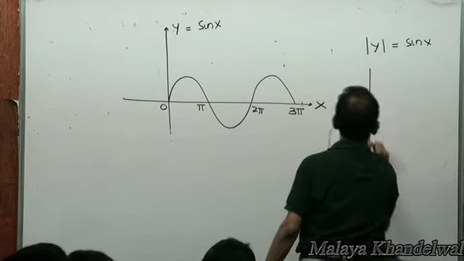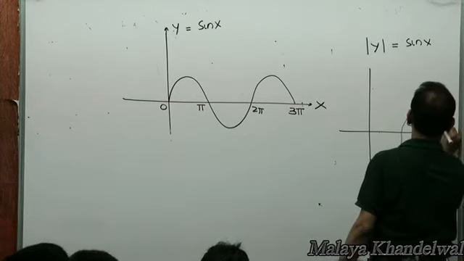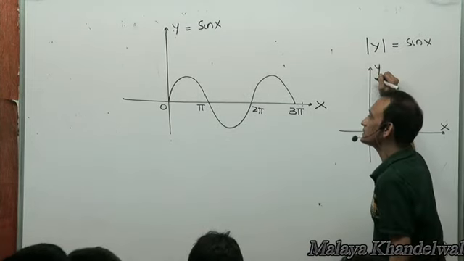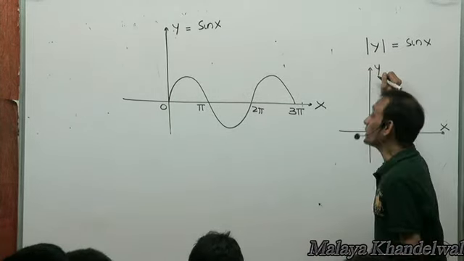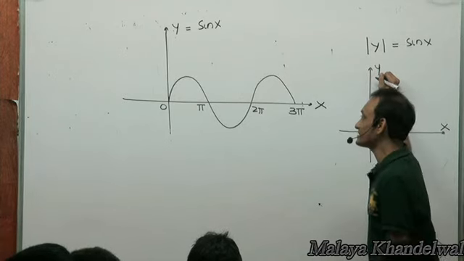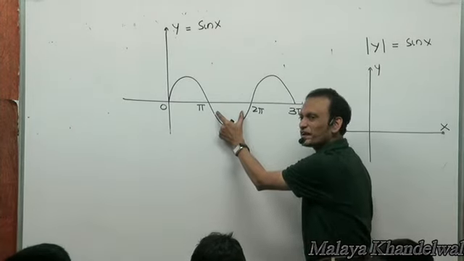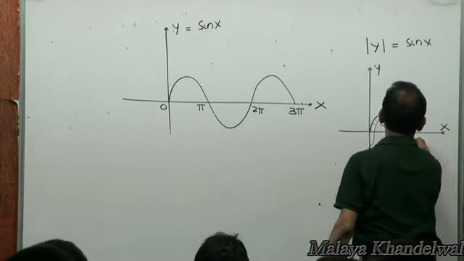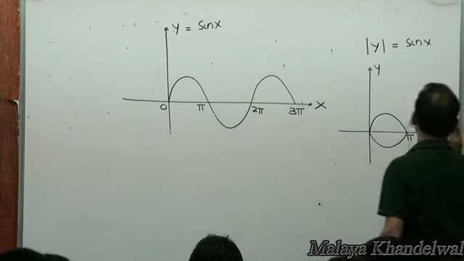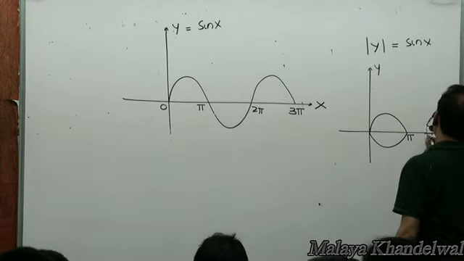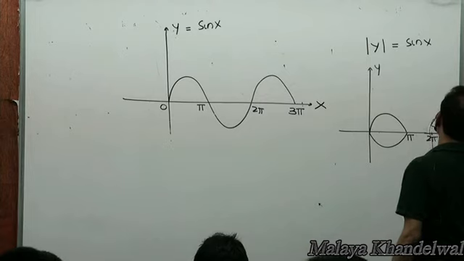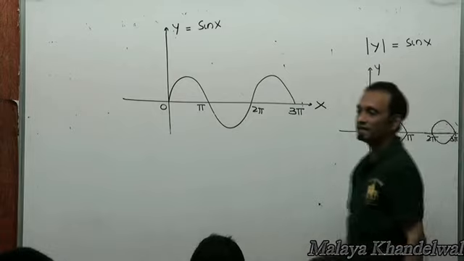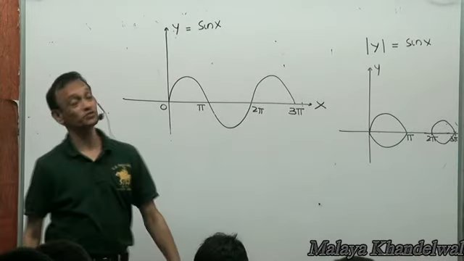What would I do? Wherever positive, I will retain and reflect. Wherever negative, I would reject. So this portion will be rejected. No part of the graph will exist between pi and 2 pi. But between 0 to pi, I will retain this portion and also reflect it. Then between 2 pi to 3 pi, again, I'll retain and reflect. This is what would happen.